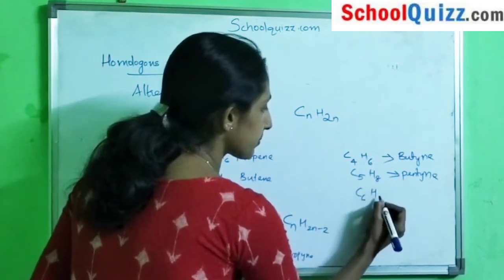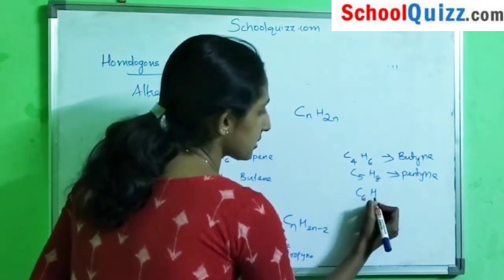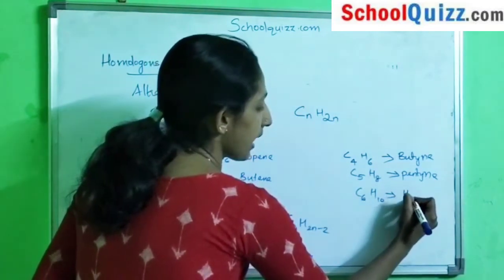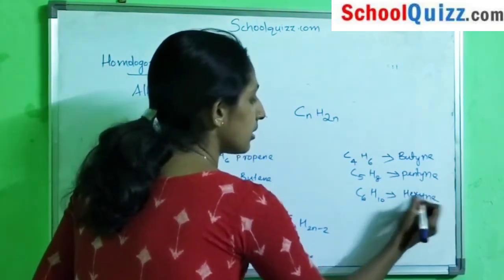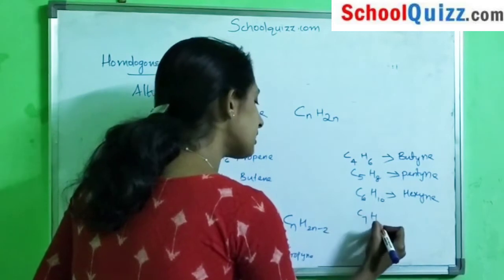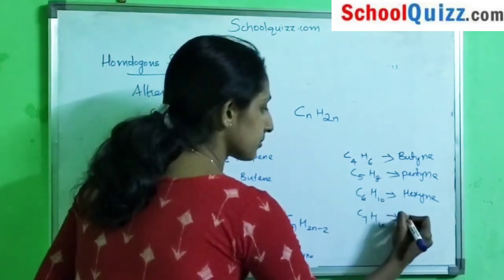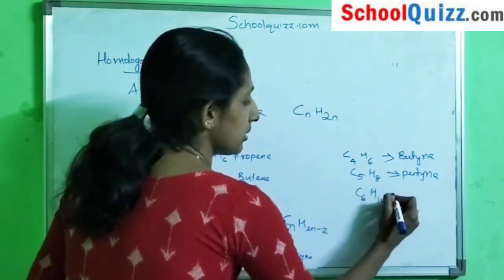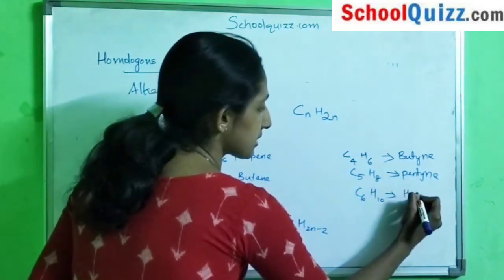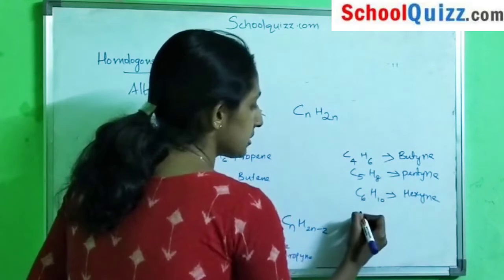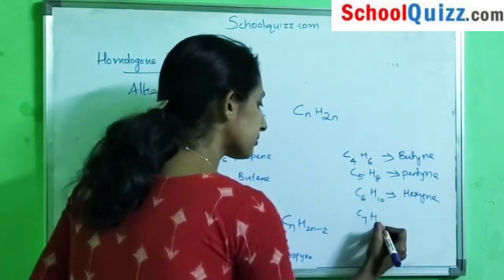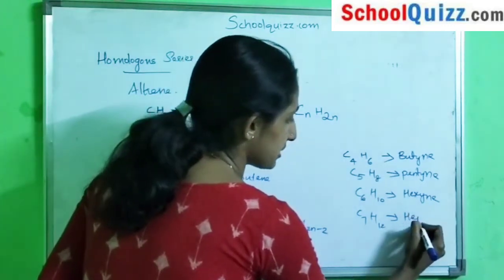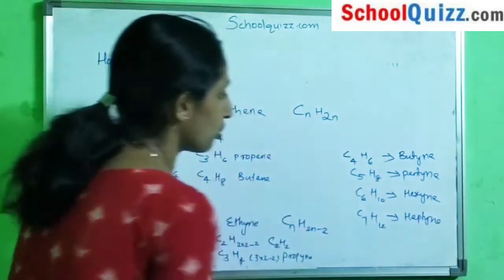6-member, C6H10, is known as hexyne. 7-member is known as heptyne and so on.